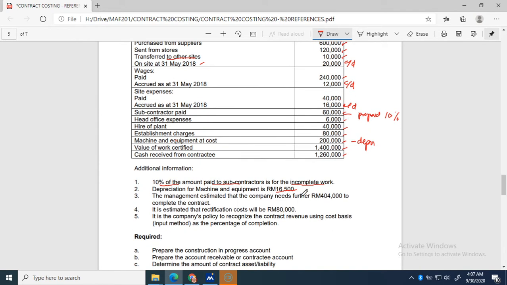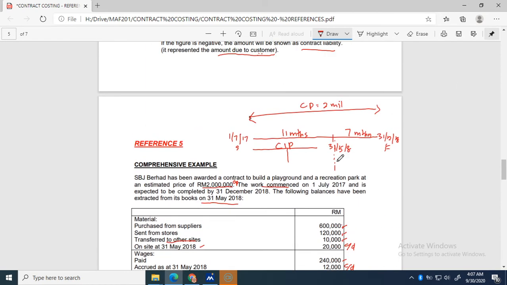The depreciation is 16,500. Now the management estimated that the company needs a further 404,000 to complete the contract. This is the cost to be incurred in the future, not in this accounting period.